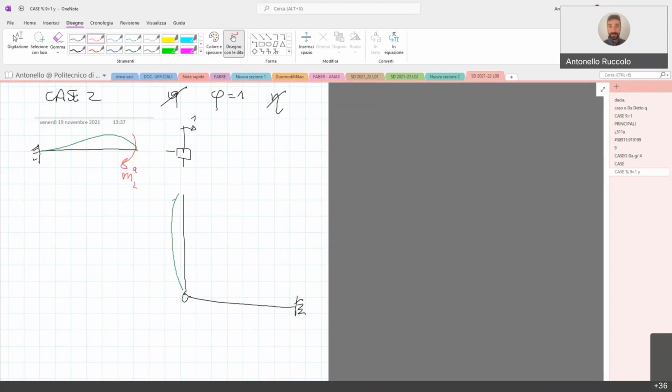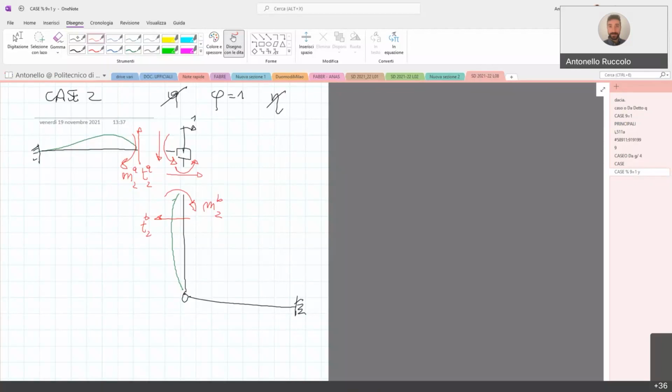Here force BA2, and so they are opposed on the node. Again, MB2.